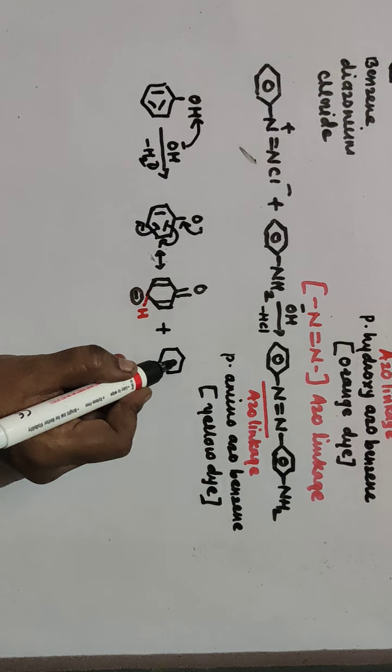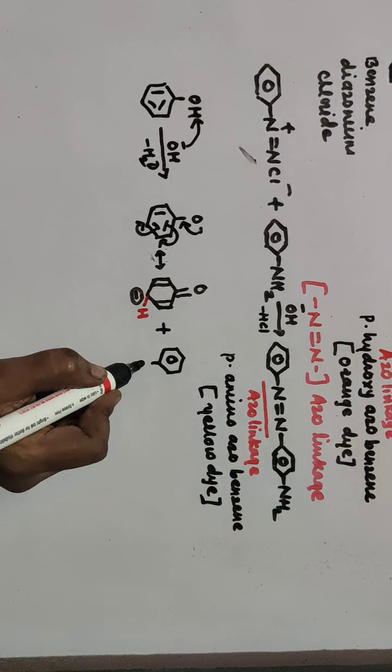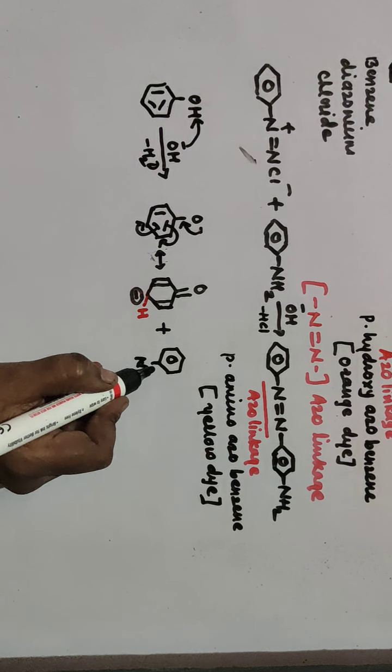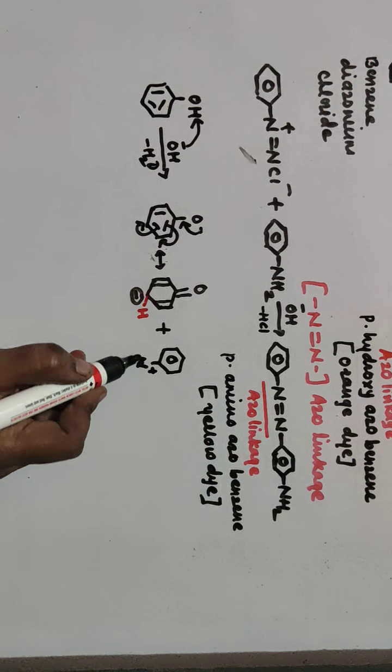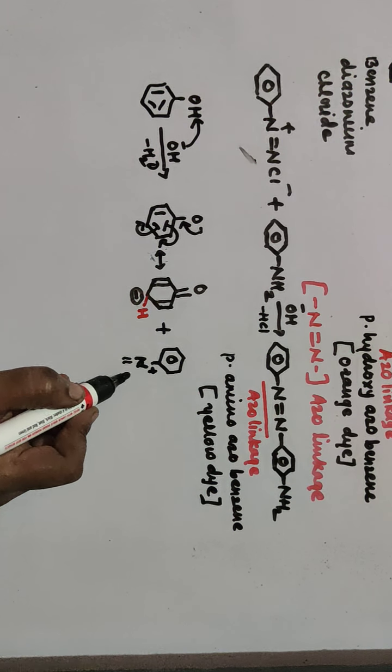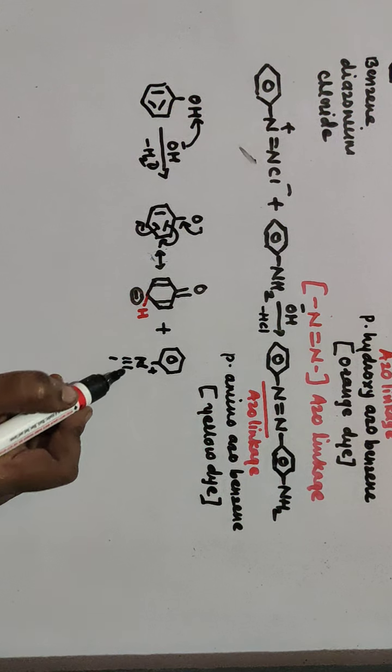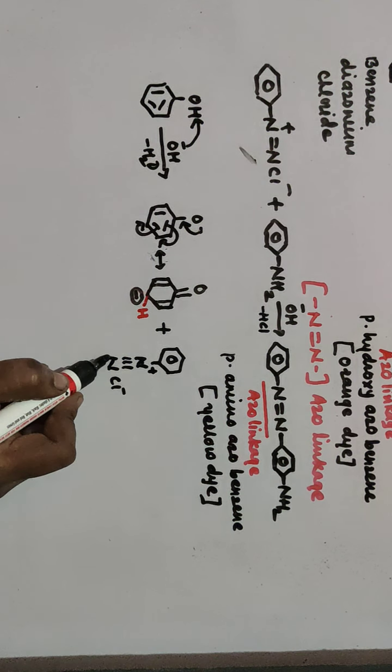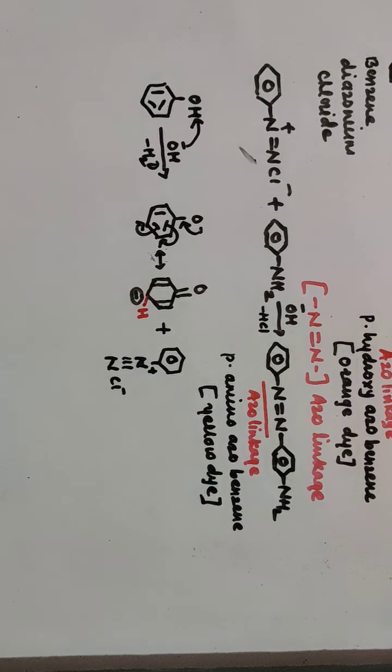C6H5 N plus Cl minus. So here in this case this bond is shifted to the nitrogen atom, and the chlorine takes both the electrons of the NCl bond, and there is a formation of Cl minus.